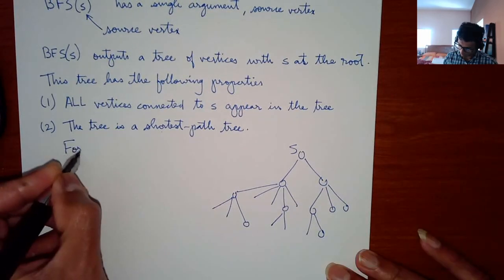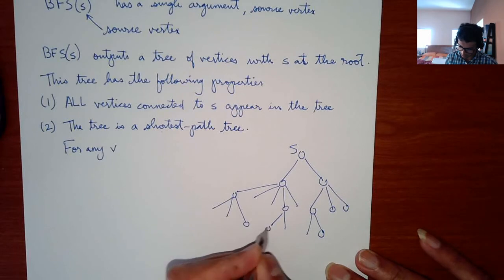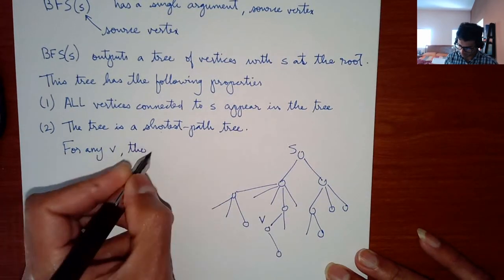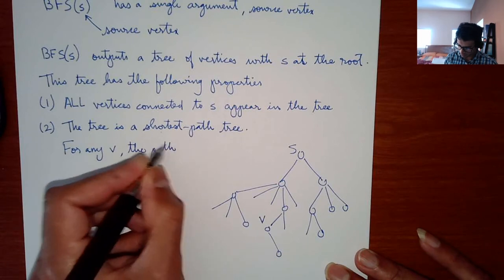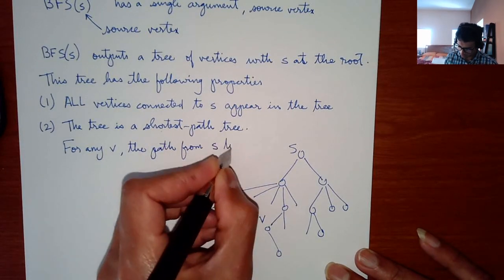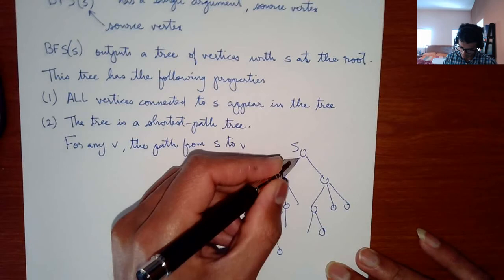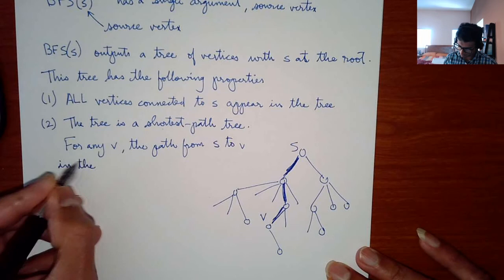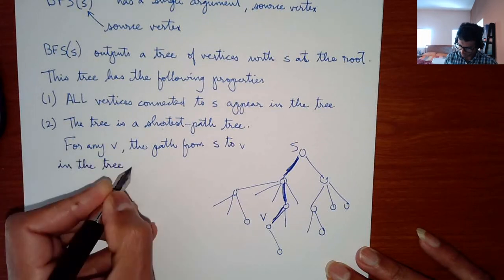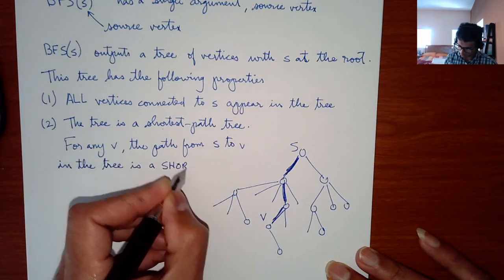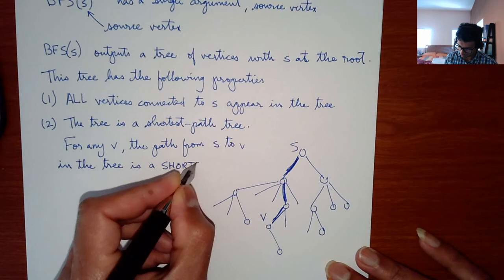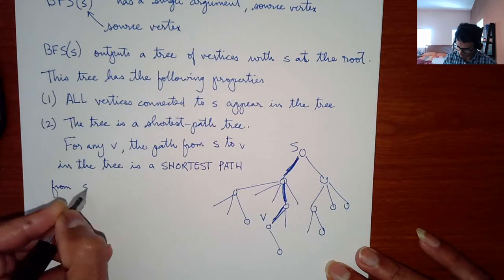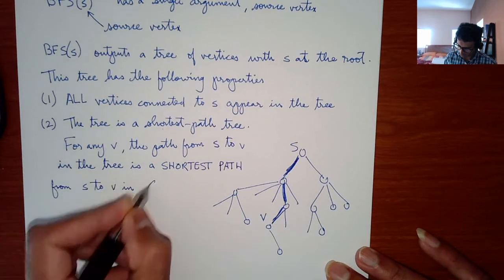For any V, so pick any vertex V, maybe this is V, the path from S to V in the tree is a shortest path from S to V in the graph.